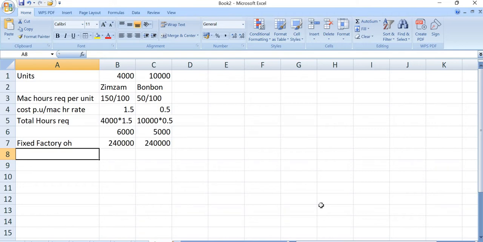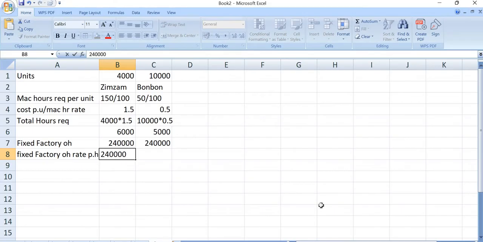So the fixed factory overhead rate per hour: 2,40,000 divided by 6,000 hours, so in this case it will be 40 rupees per hour, right?